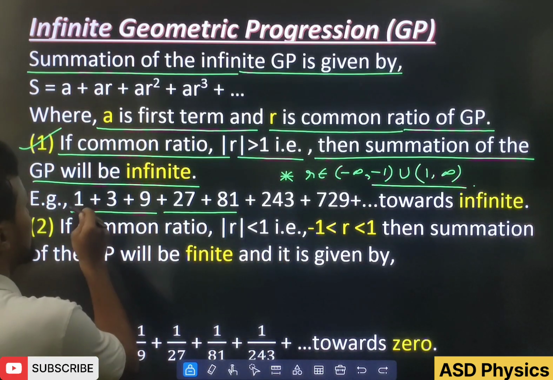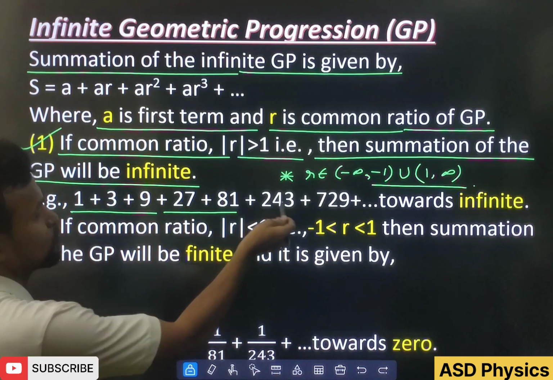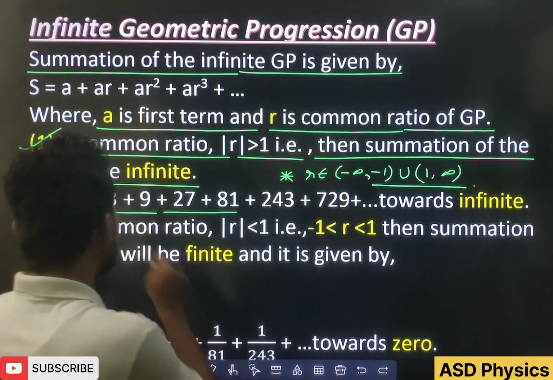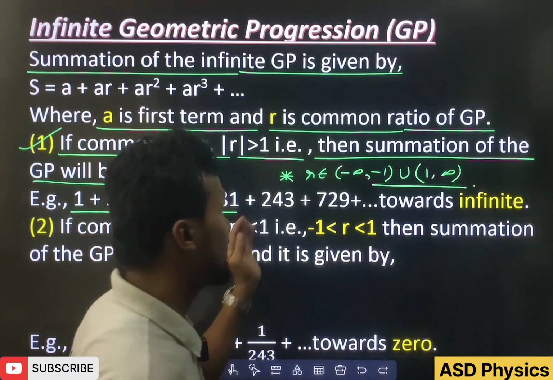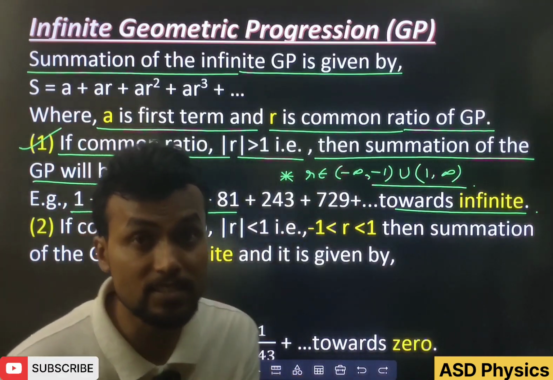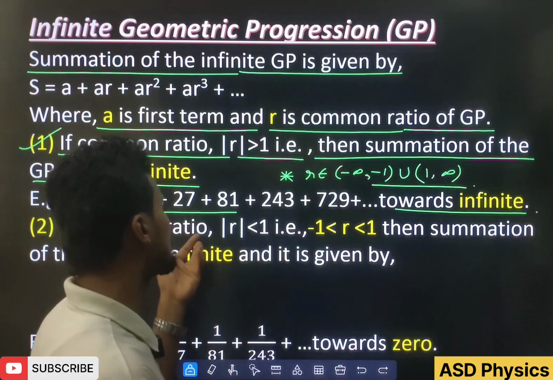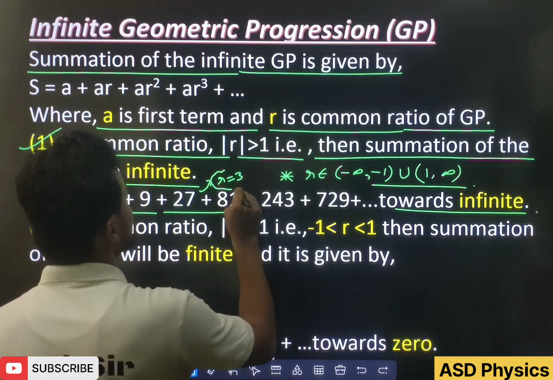So 3 by 1 is 3, 9 by 3 is 3, 27 by 9 is 3, 81 by 27 is 3, 243 by 81 is 3, 729 by 243 is 3. Or we can say the next term is obtained just by multiplying by 3 again and again. This one is moving towards infinity, so its summation will definitely be infinite. In this GP, the common ratio is 3.